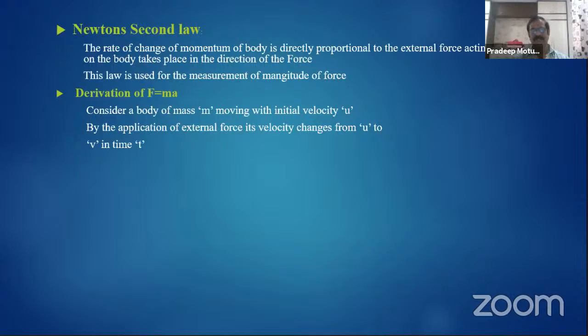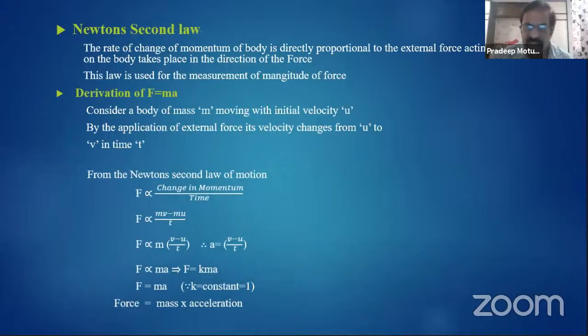That is m into u, so the initial momentum is mu. What is the final momentum of the body in time t seconds? That is mass m and final velocity v, that is mv. Initial momentum is mu and final momentum is mv.